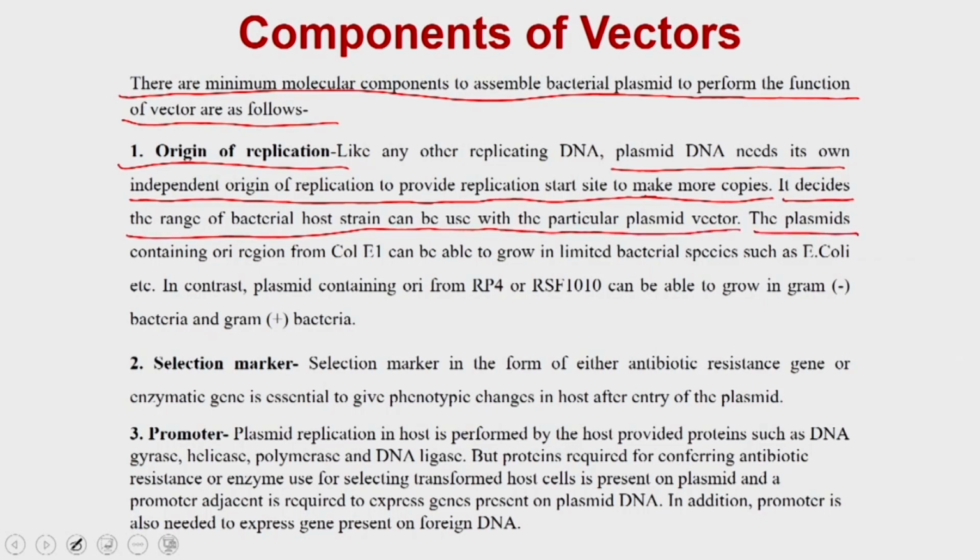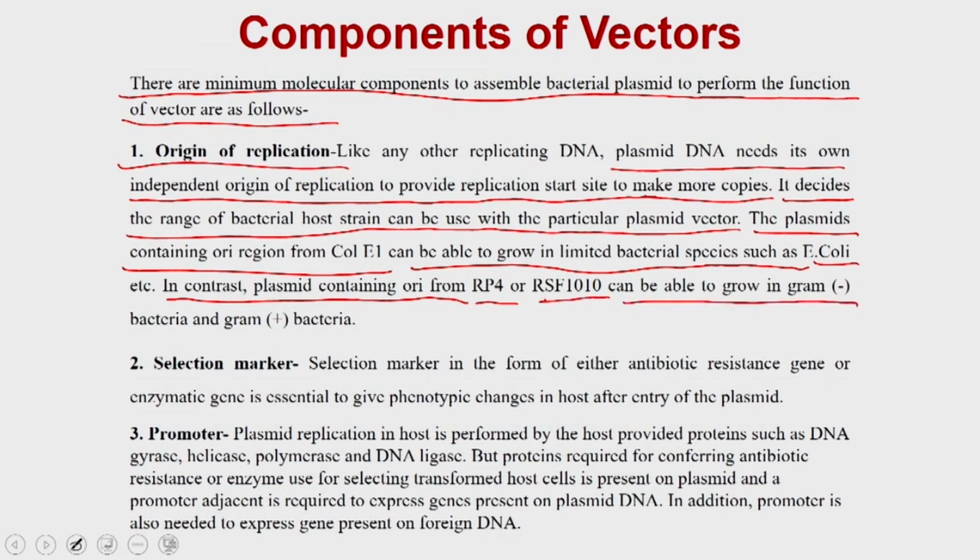For example, the plasmids carrying the origin of replication from col E1 can grow in a limited number of bacteria such as E. coli. In contrast, the plasmids containing ori from RP4 or RSF1010 can grow in gram negative as well as gram positive bacteria. So, the origin of replication you use to prepare a vector decides whether this particular vector is going to replicate in a particular host strain or not.